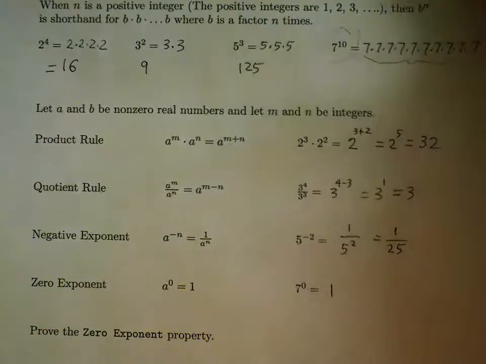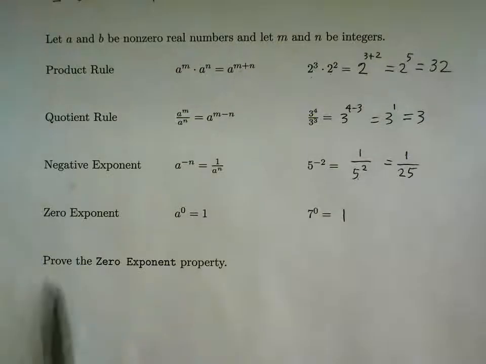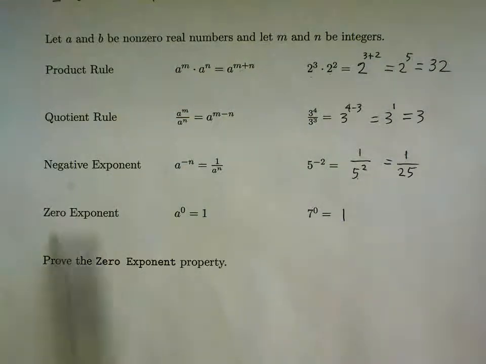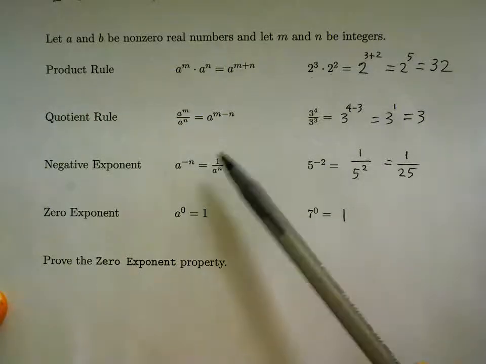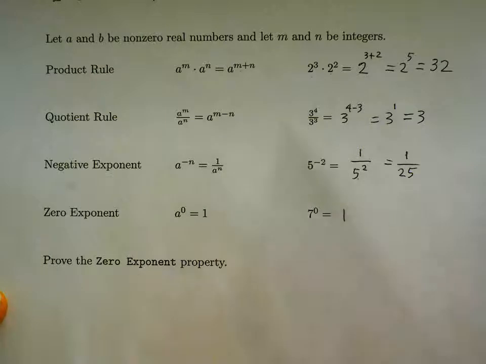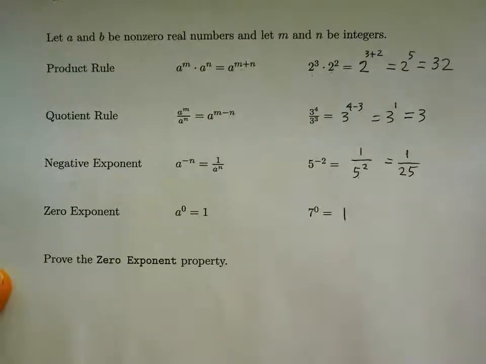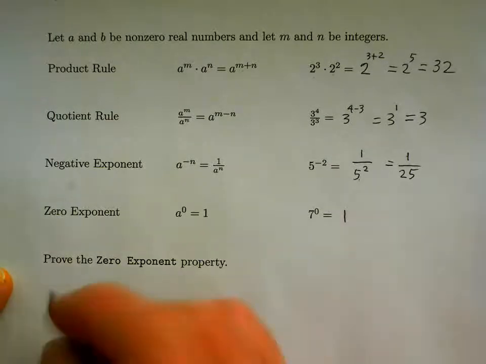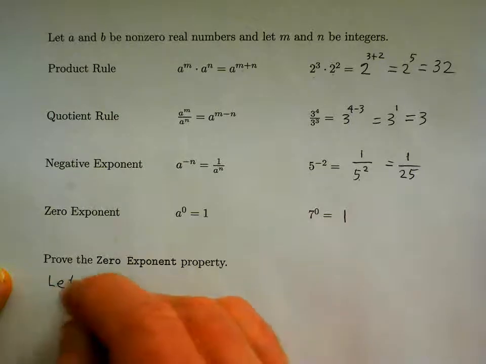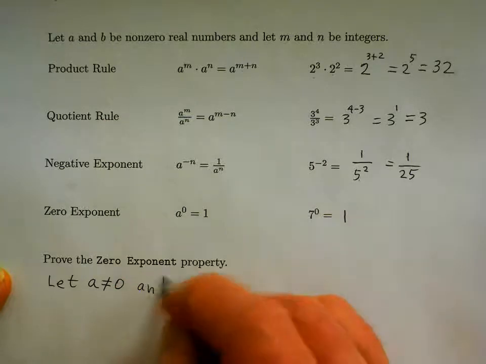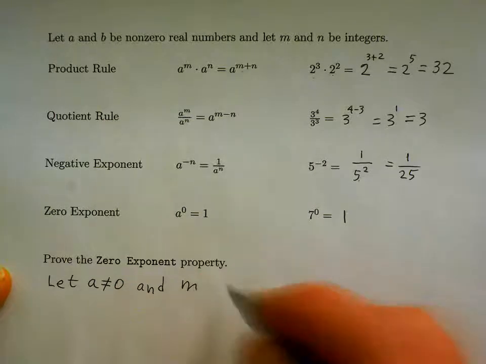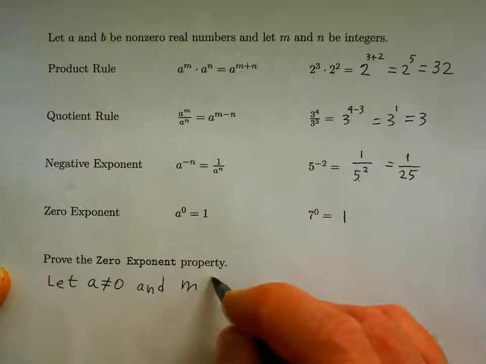Okay, in our next little exercise, we'll prove the zero exponent property. And we'll use other properties to help us. Okay, so we'll let a be a non-zero number and let m be an integer, positive integer.